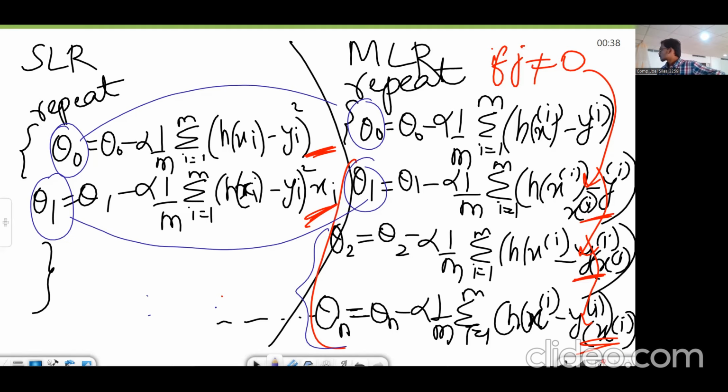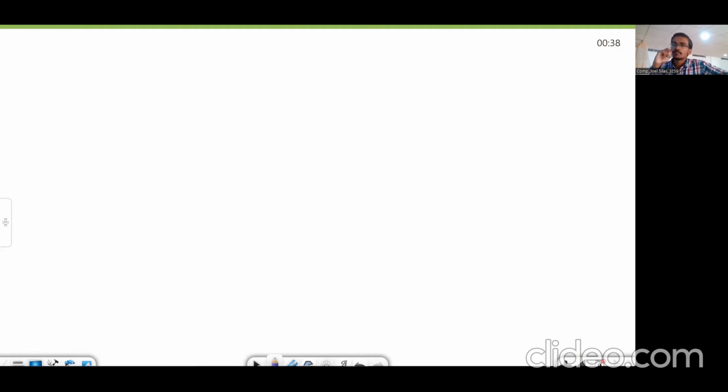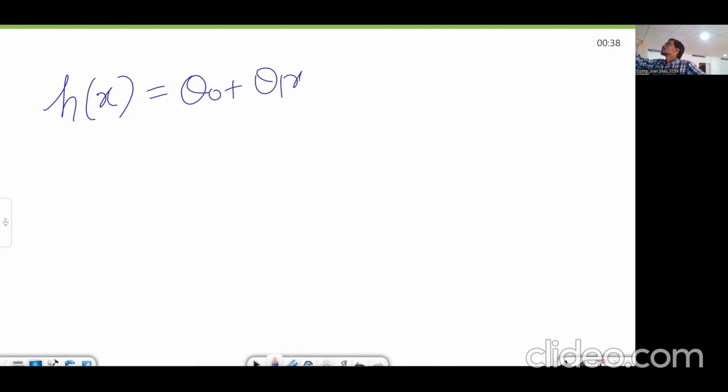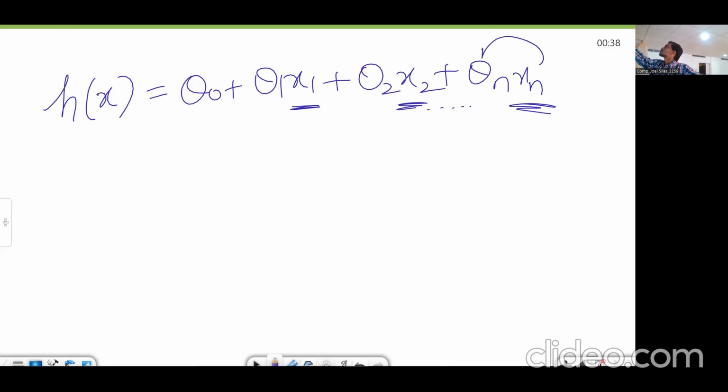Now, for simplification purposes, what is our normal hypothesis function? h of x is equal to theta 0 plus theta 1 x1 plus theta 2 x2 up to theta n xn.